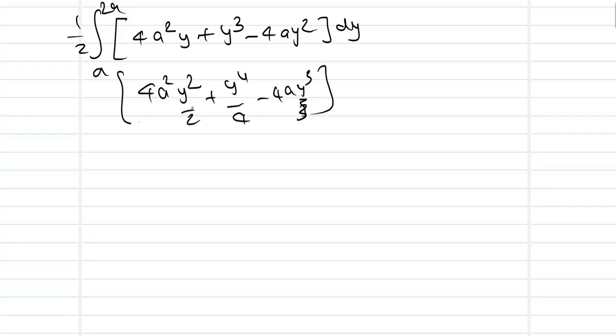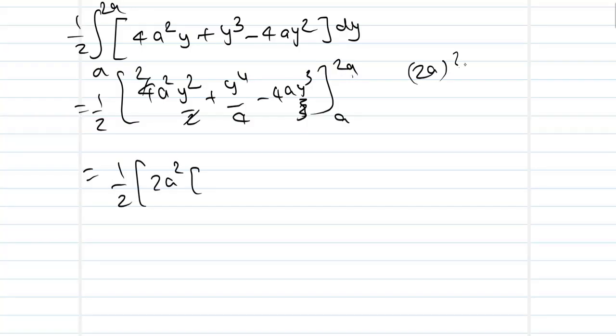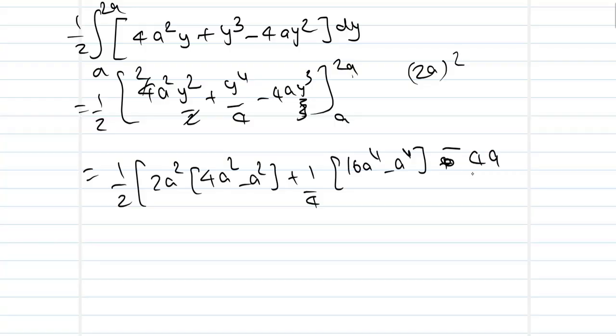So apply the limit between a to 2a, and this is going to be half, which is going to be 2 times of 1 by 2, 2a square. So this is going to be 2a the whole square. 2a the whole square makes it 4a square minus a square, plus 1 by 4 times, this is going to be 2a whole power 4, 16a power 4 minus a power 4, plus, minus 4a by 3, 2a the whole cube is 8a cube minus a cube.